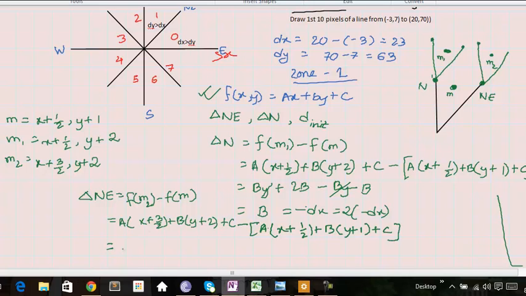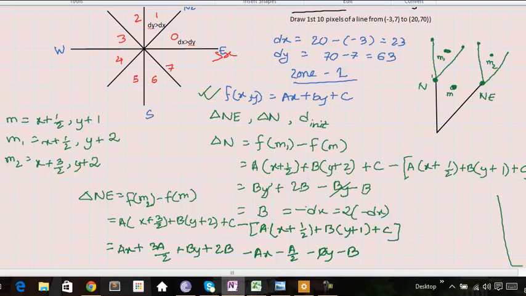So c and c get cancelled out, other things don't, so we have to write the whole arithmetic. ax plus 3a by 2 plus by plus 2b minus ax minus a by 2 minus by minus b.